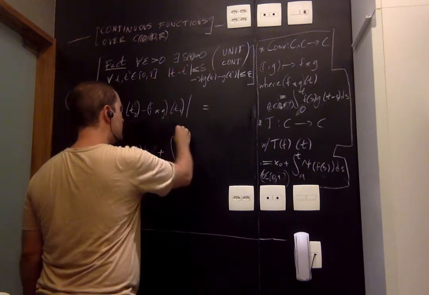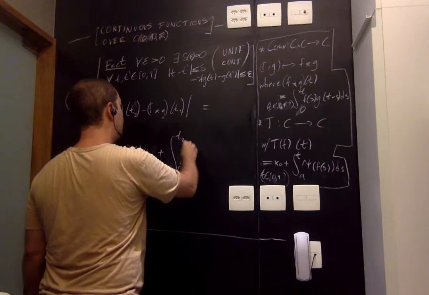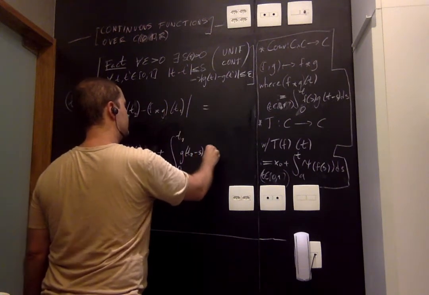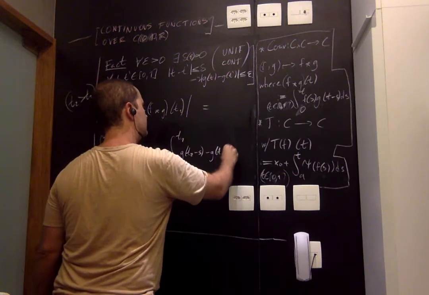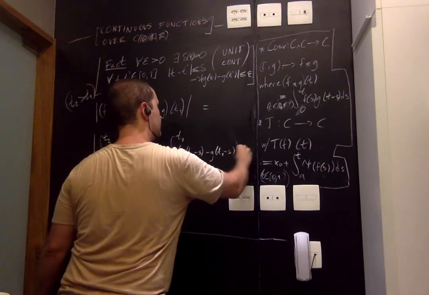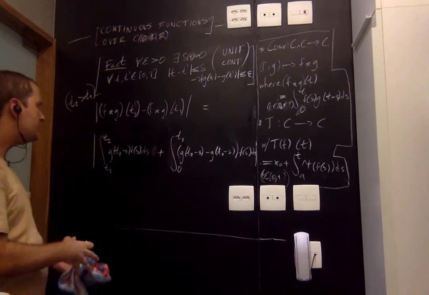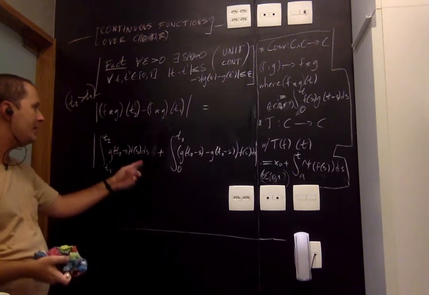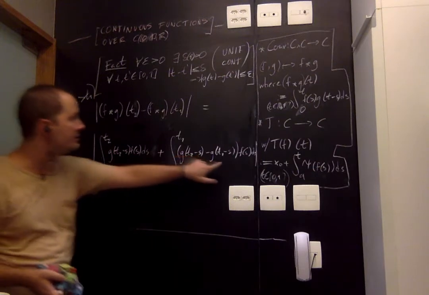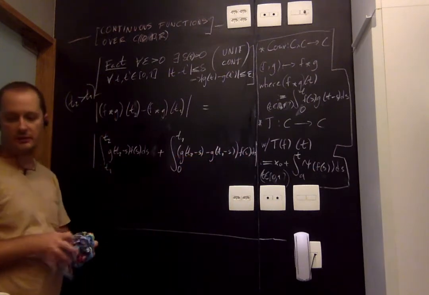So if I combine the two integrals into one, I have this. That you can check. If you go back in the video, you can see that I have exactly this. You just have to use the linearity of the integral here.